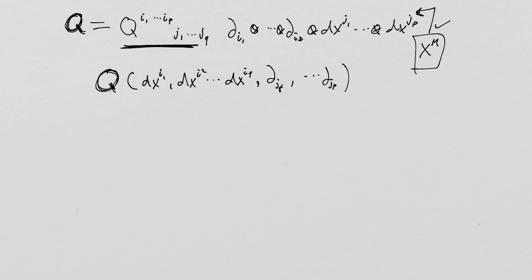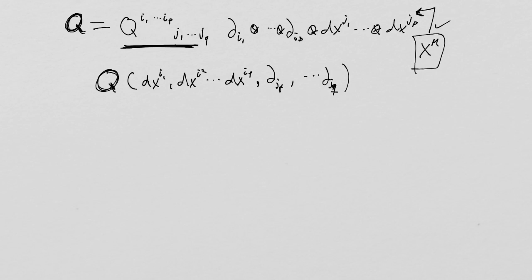Remember, this tensor gobbles up p forms and q vectors, and it spits out a real number. Remember, this is a map that gobbles up p forms and q vectors, and produces a real number.